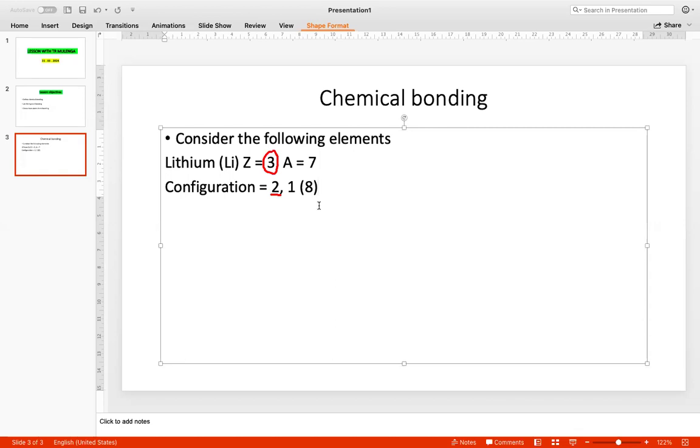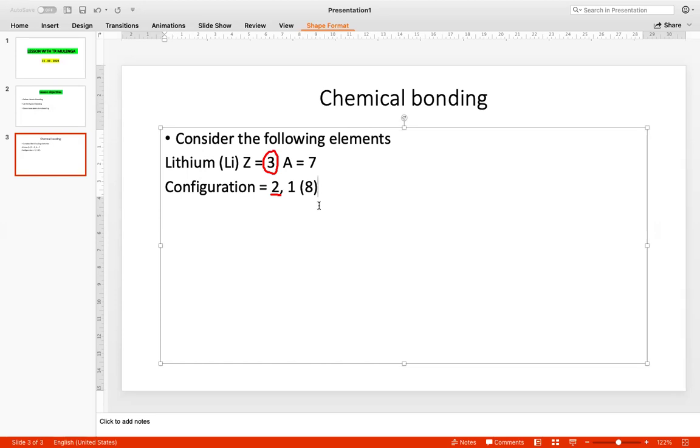And therefore, this element has the tendency, the ability, the capability to make sure that the last shell is fully occupied. As a result, this element has the ability to interact with another atom so that the number of electrons in the outermost shell must be 8 at all cost.